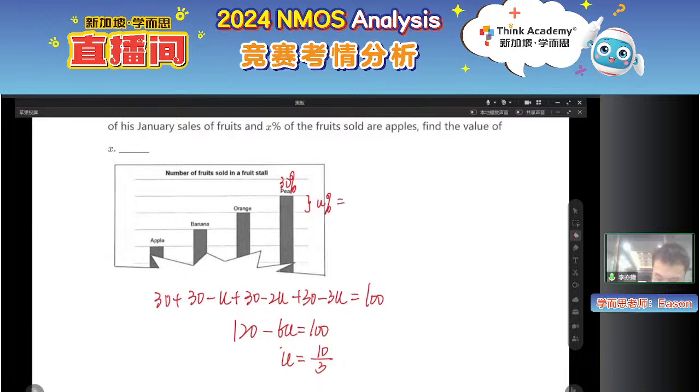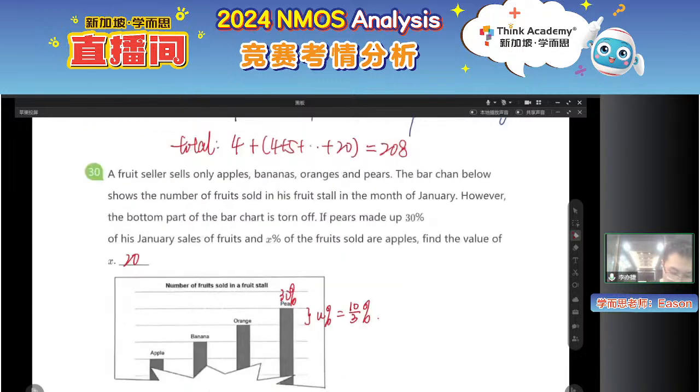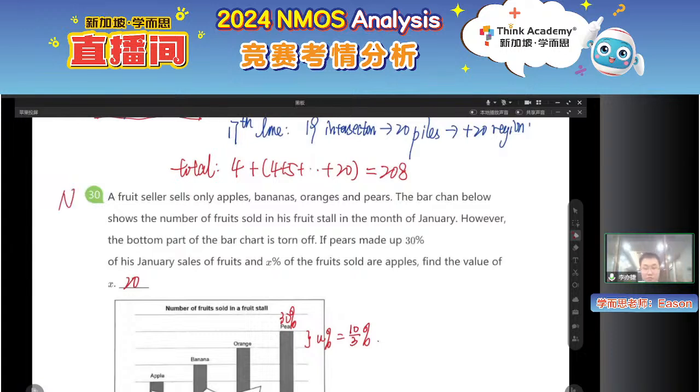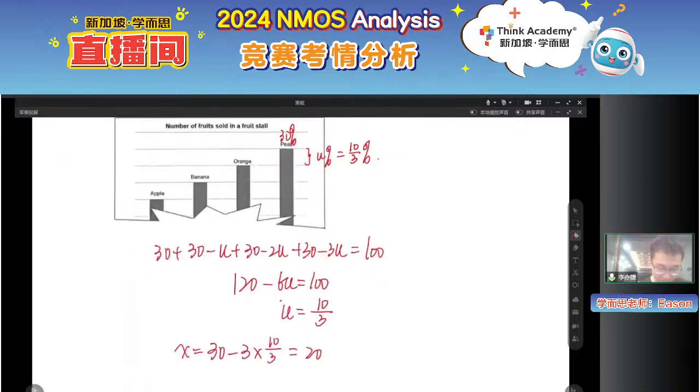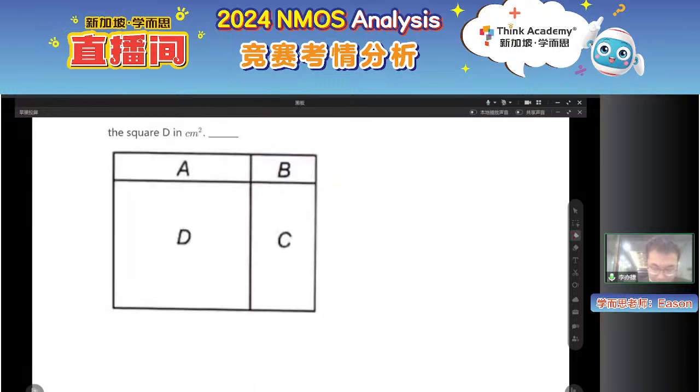Because one of them is 10 over 3%, for apple it's equal to 30% minus 3 of the u, which is 20%. So the answer is 20. No more questions? You should spend some time to understand the meaning of this question, but as long as you understand it, it's easy to do. Okay, question 31.